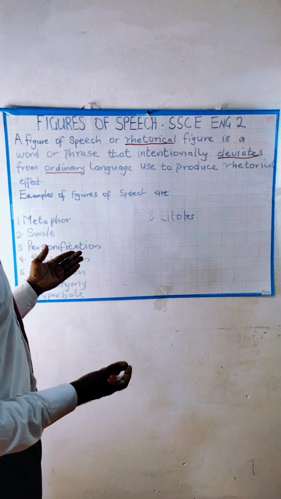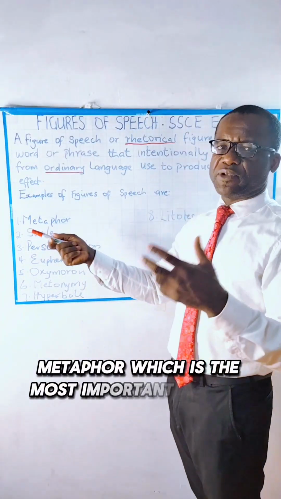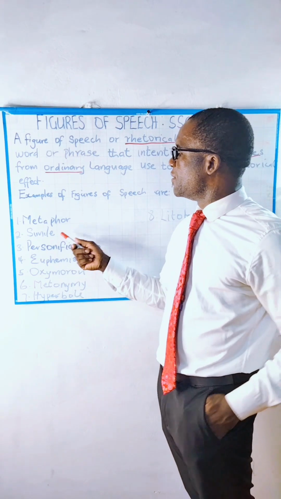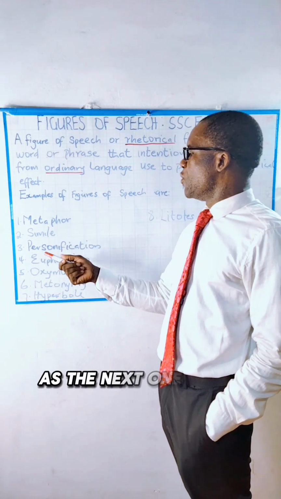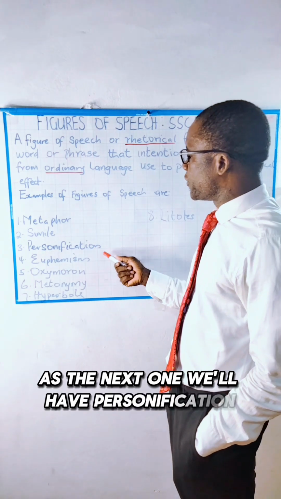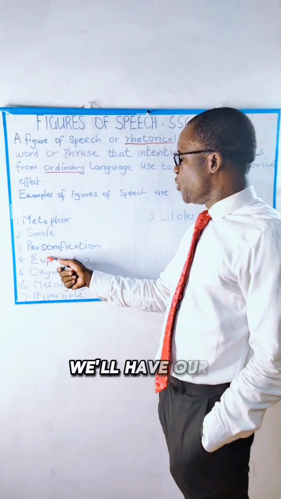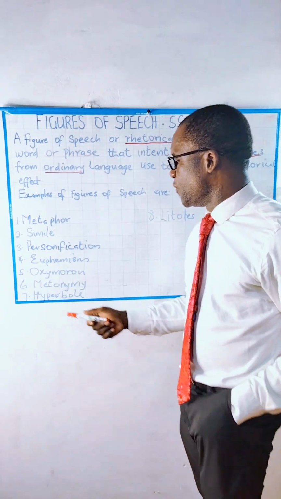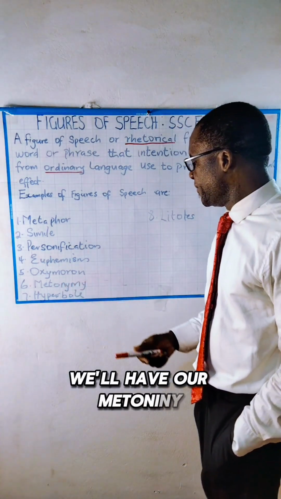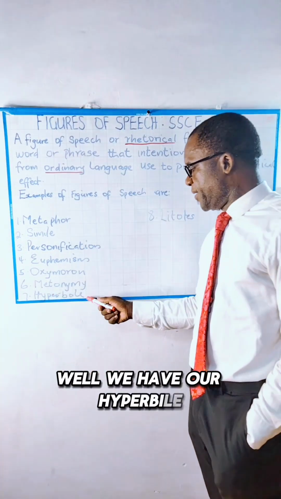We have metaphor, which is the most important and the most prominent. We have simile, that's the next one. We have personification. We have euphemism. We have oxymoron. We have metonymy. We have hyperbole.